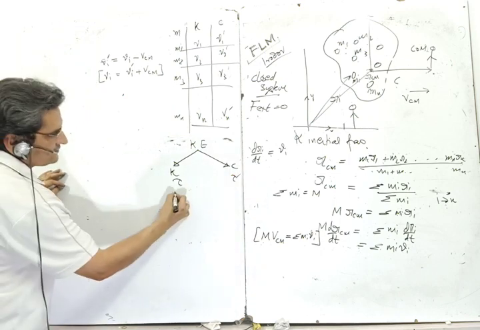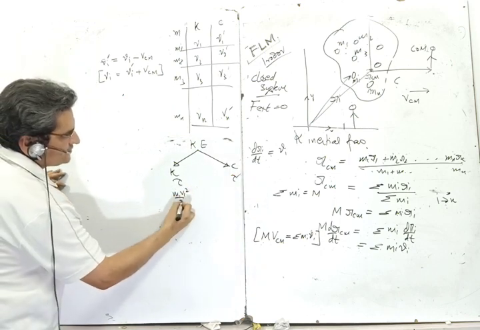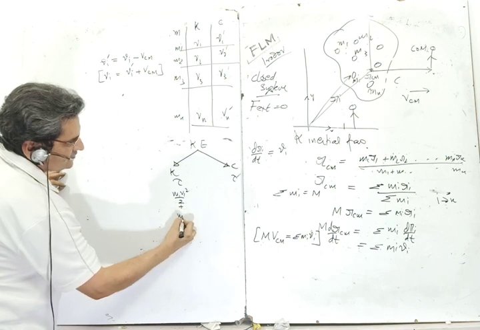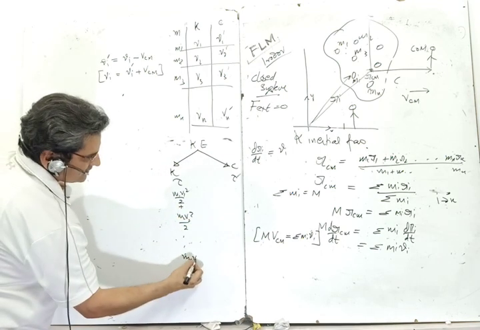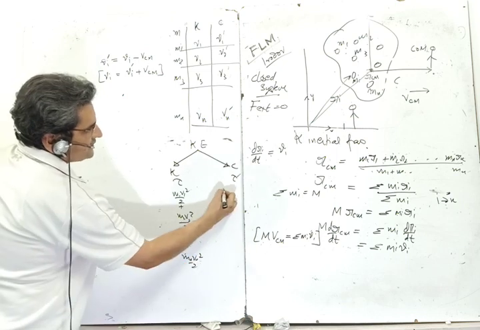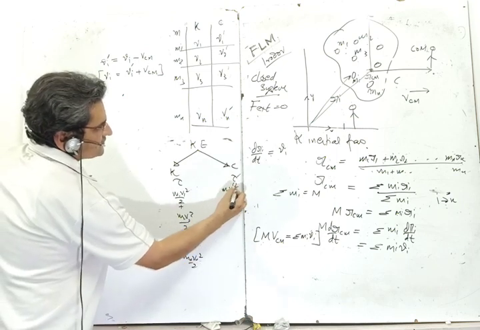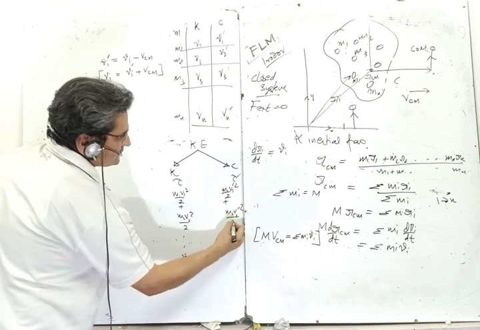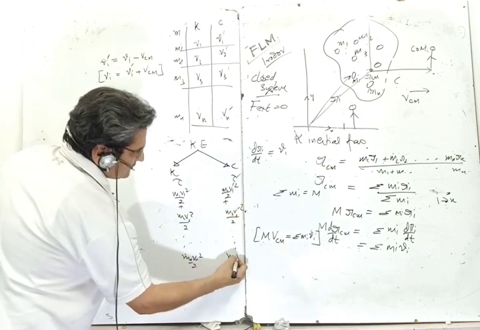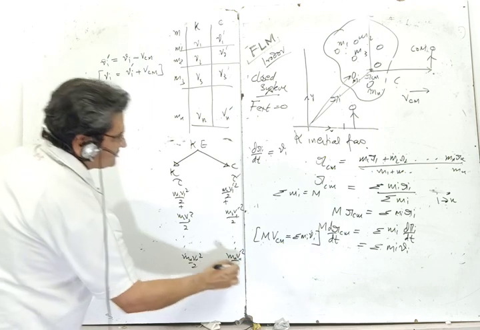So it is nothing but m1 v1 square upon 2 plus m2 v2 square upon 2, likewise mn vn square upon 2, and here it is m1 v1 dash square upon 2 plus m2 v2 dash square upon 2 up to mn vn dash square upon 2.